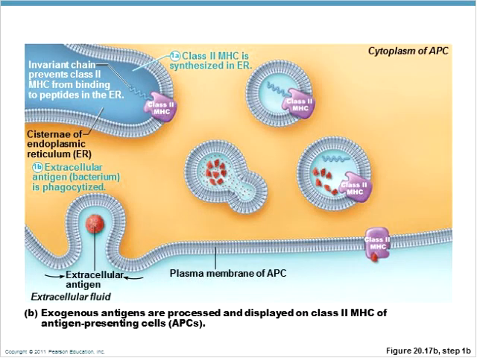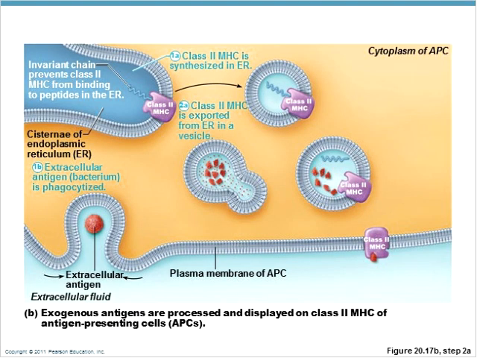The extracellular antigen bacterium is phagocytized. Could happen that way. The class II MHC is exported from the endoplasmic reticulum into a vesicle. You see that there.